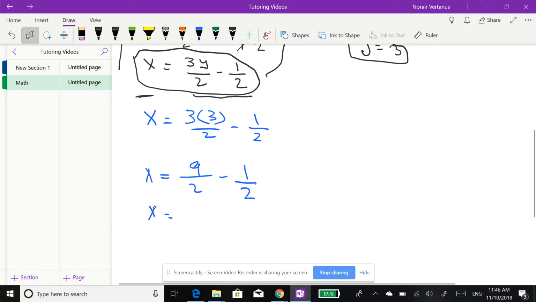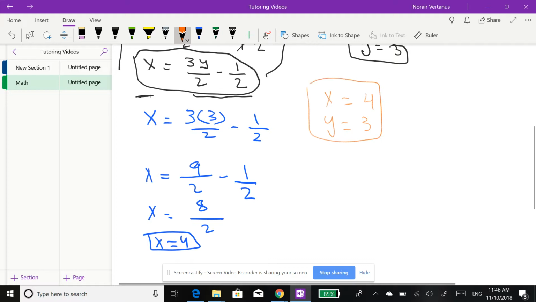The denominators are the same, so you write one of them, 9 minus 1 is 8. So 8 over 2 is what? Just 4. x equal to 4. We got it, right? So we solved. Now x is what? We found x is equal to 4, and y is equal to 3, right?